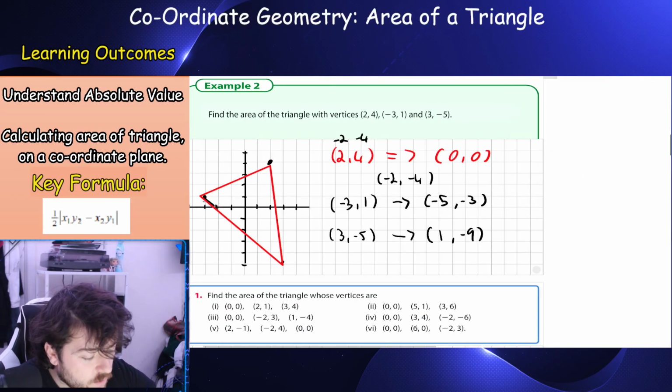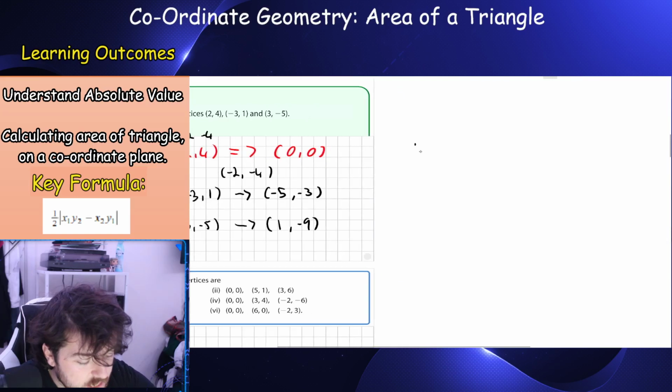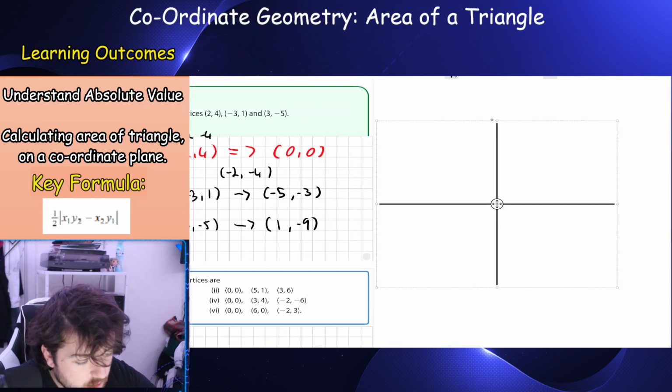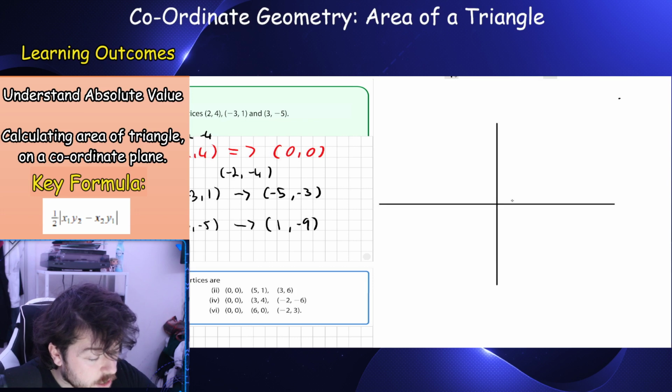So if I can hopefully quickly draw this out nicely. Anyway, I'm just going to roughly estimate this. You shouldn't be doing it, but I am. So 1, 2, 3, 4, 5, 6, 7. Then minus 1, minus 2, minus 3, minus 4, minus 5.